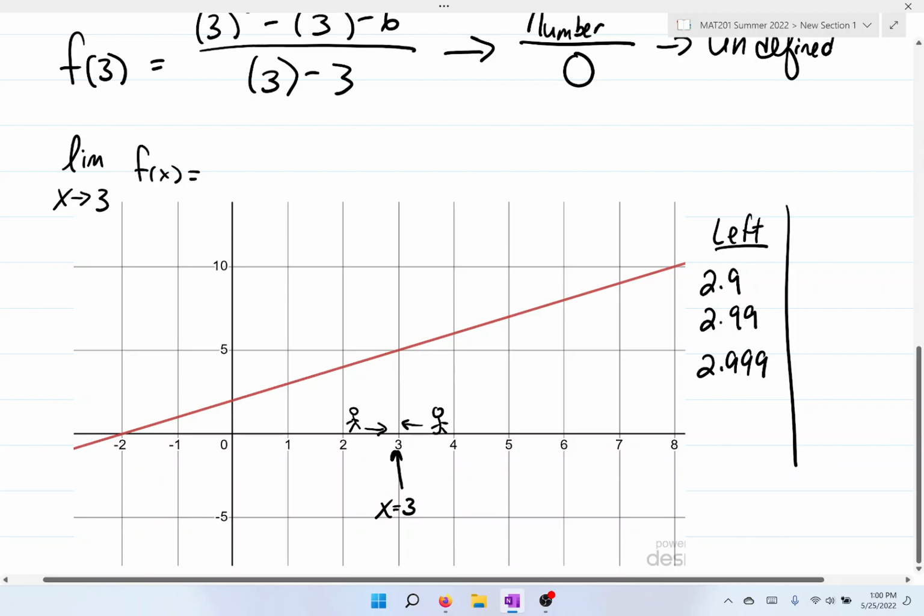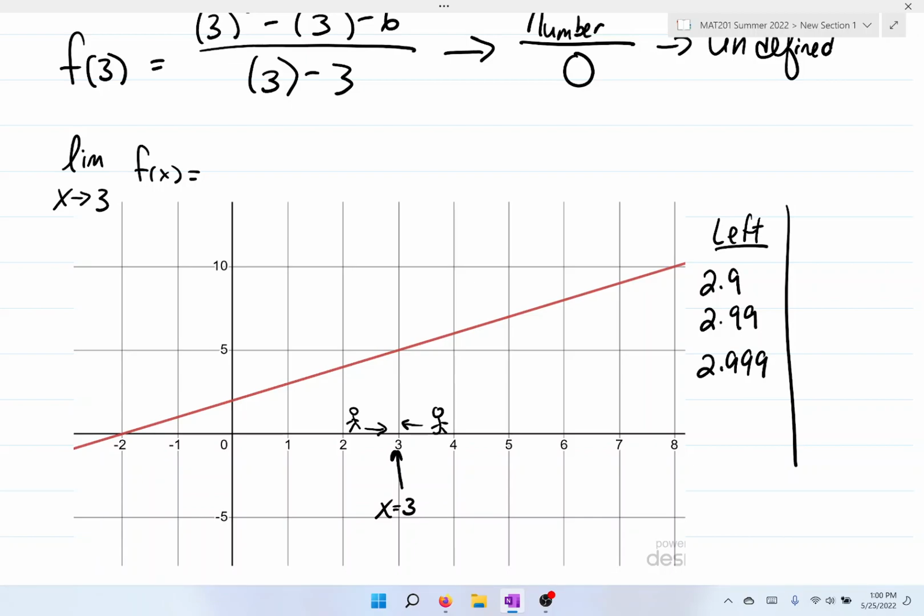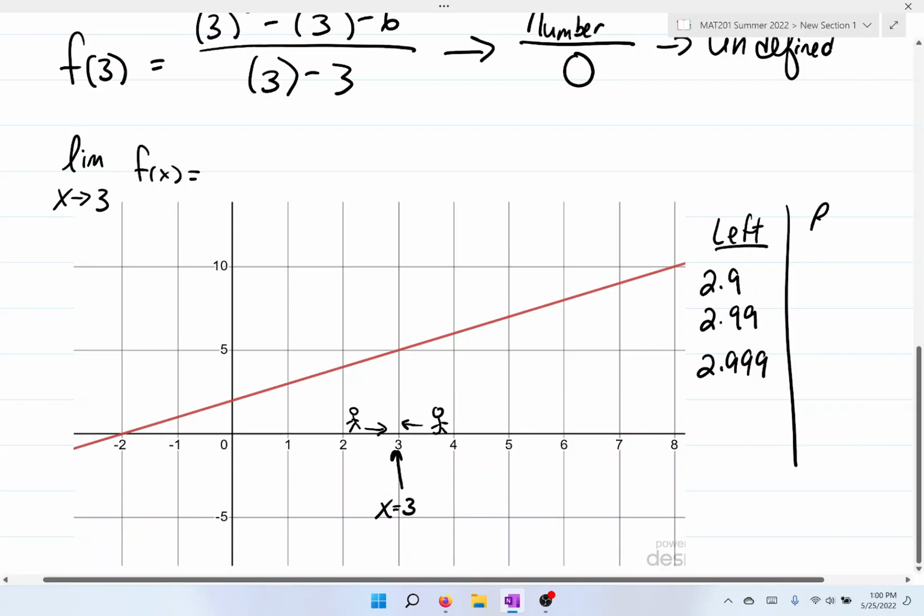Now, we know if we were standing at exactly x equals 3, we get a function that is undefined. However, what if we're right before it, or on the opposite side of it? So let me do 3.1, 3.01, 3.001. Notice I'm not at 3, but I'm right next to it.